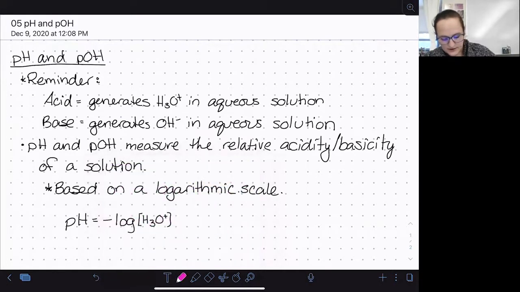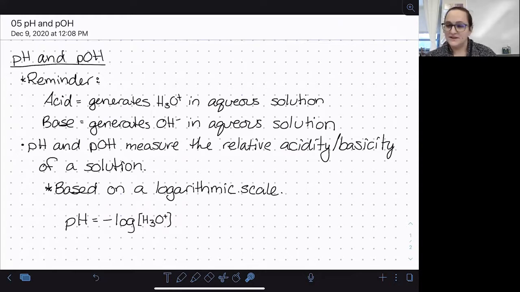Sometimes you will also see this written as the negative log of the hydrogen ion concentration. These are the same thing. H plus does not actually exist in aqueous solution. So although this is a little bit simpler to think about, and hydrogen ion concentration and hydronium ion concentration are effectively interchangeable, it is better to use hydronium since that's more accurate.